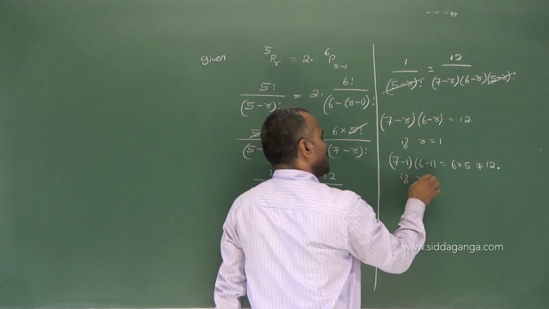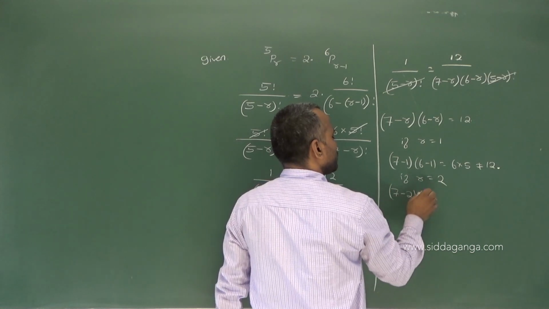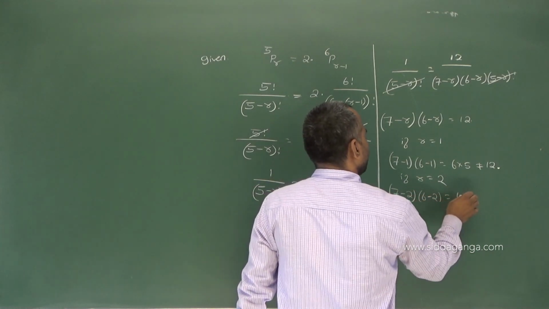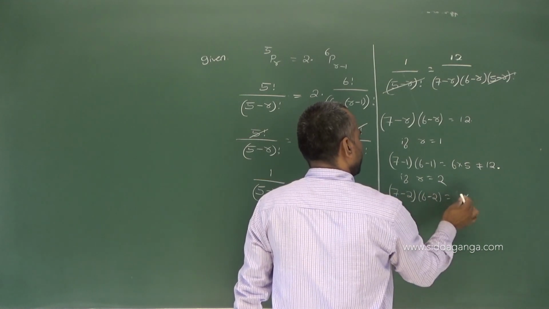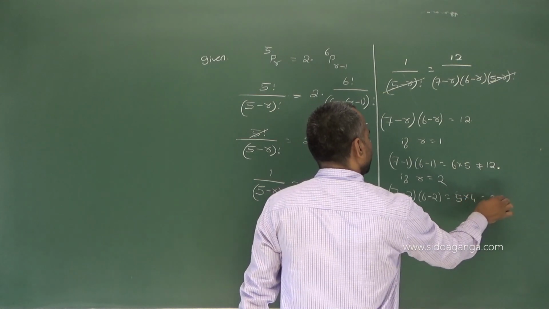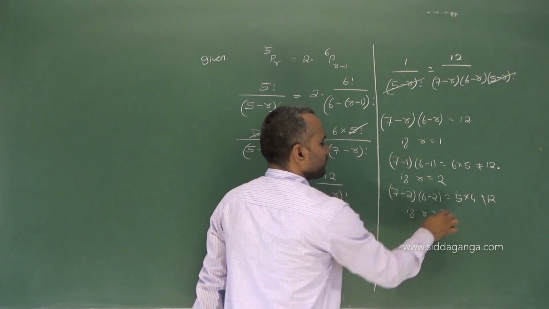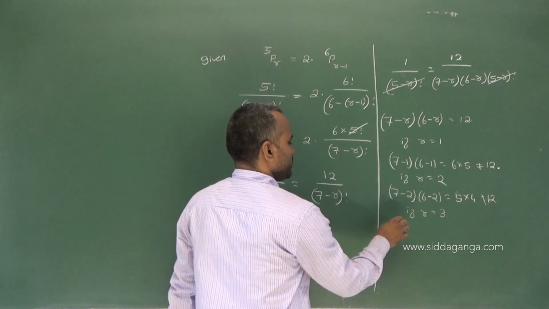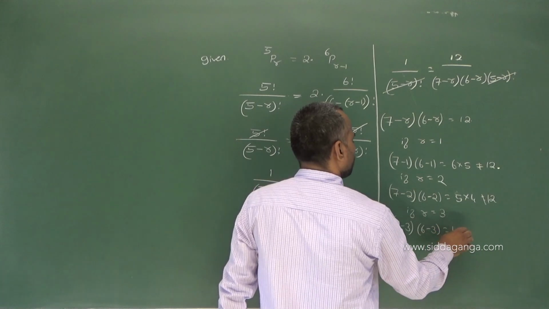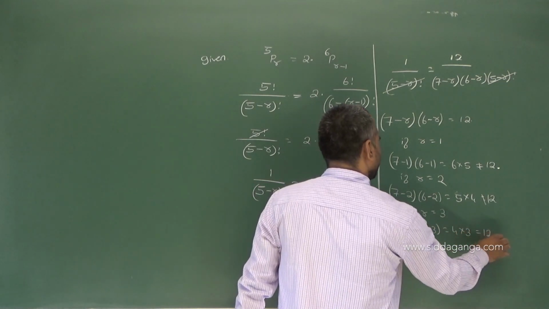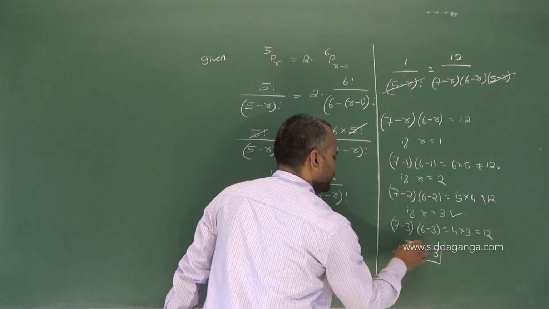If r is equal to 2, (7-2)(6-2), 5 into 4, it is 20, not equal to 12. If r is equal to 3, (7-3)(6-3), 4 into 3, it is equal to 12. Therefore, r is equal to 3.